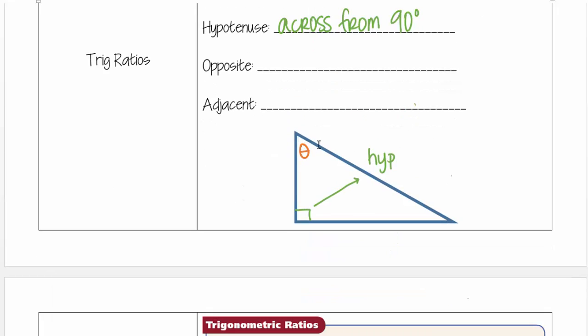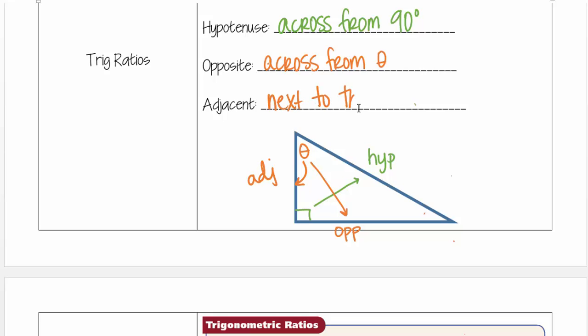The opposite side would be on, guess what, the opposite side of the triangle. So across from theta. And my adjacent side is right next to theta, so this would be my adjacent. So next to the angle.